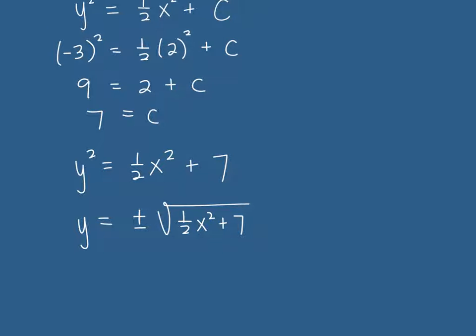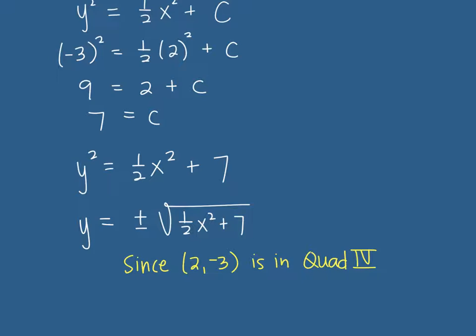Well, you go back to your initial condition. Look at what quadrant your initial condition is in. (2, -3). What quadrant is that? Quadrant 4. So since (2, -3) is in quadrant 4, our solution has to go through quadrant 4.